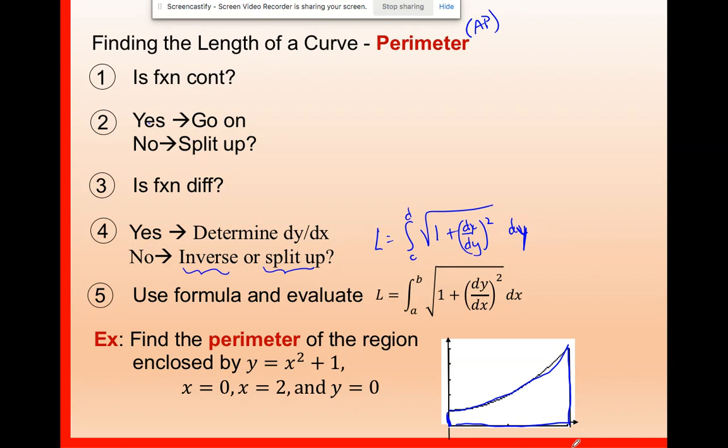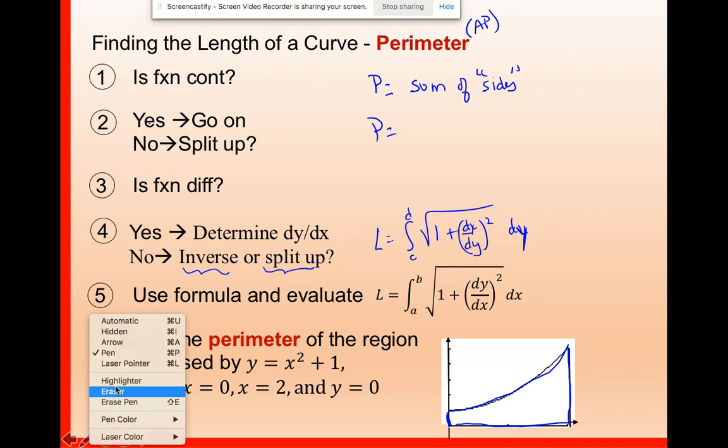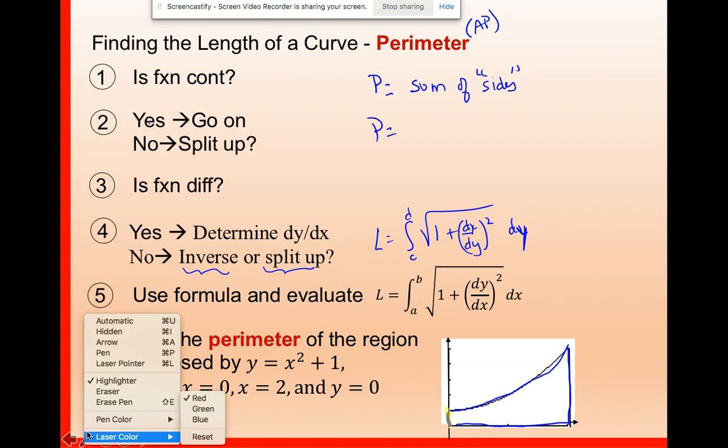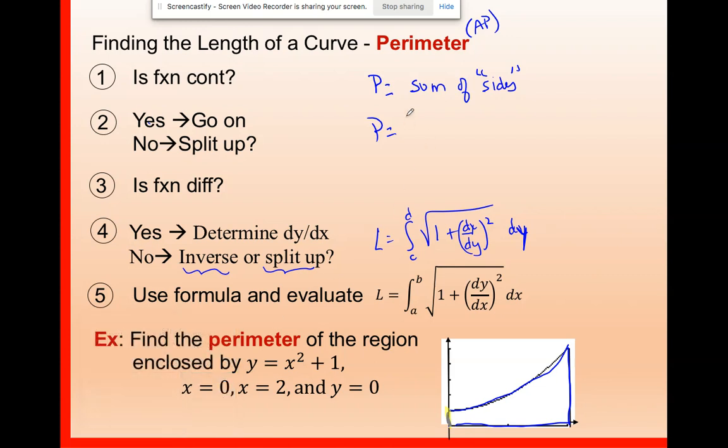They don't want the area. They don't want the volume. They want the perimeter. The perimeter is the sum of all the sides, right? That's what a perimeter is. Add up all the sides. How long is that side? 1.